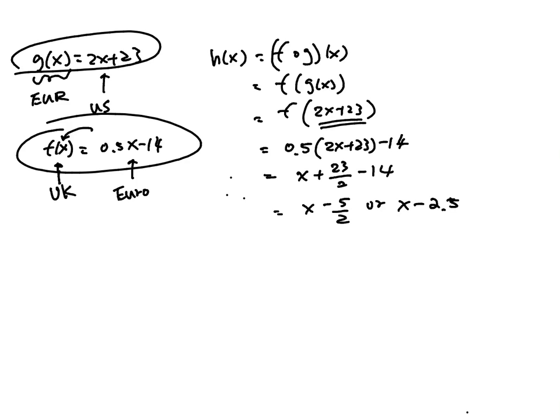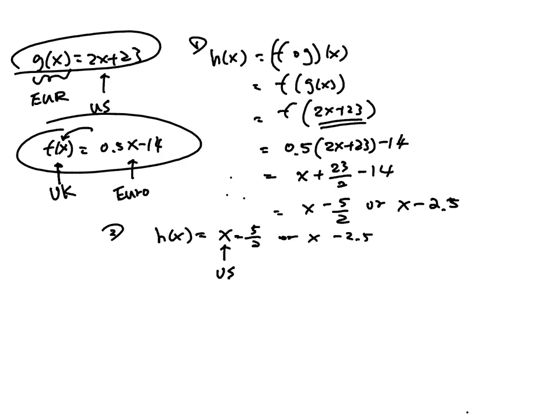So number two, right? Now check this out. Make sure we know which one's which. In this case, h of x equals x minus 5 over 2, or x minus 2.5. Remember, x in this case is the US size.